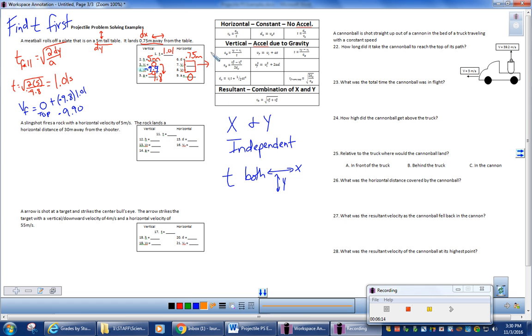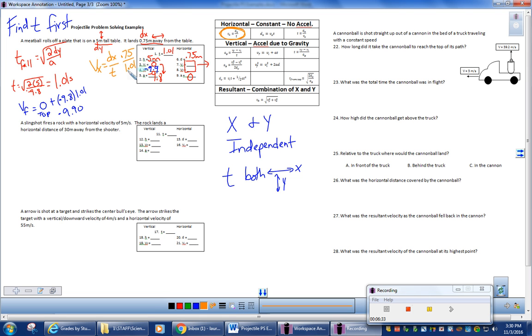If I want to solve for my horizontal velocity, well, the only equation I have with horizontal velocity would be this one. So I need my horizontal distance, which was 0.75, and I need to divide that by my time, which in our case was 1.01.